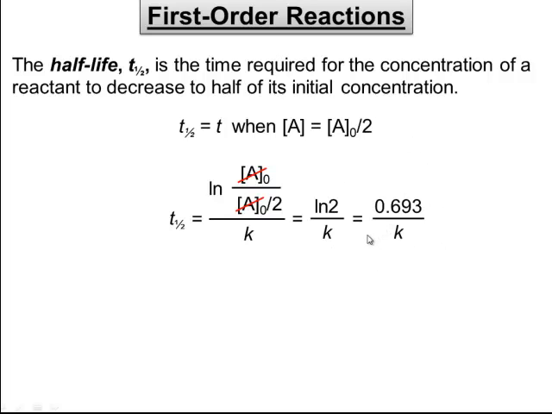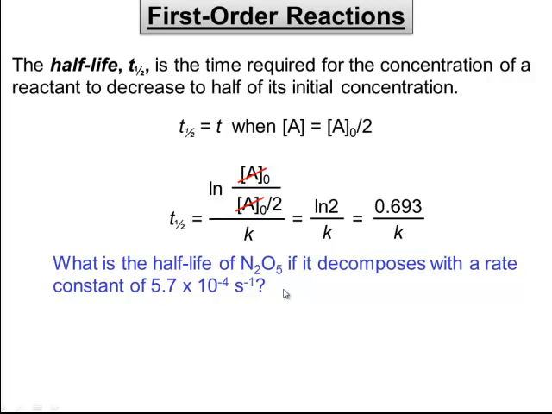So if I want to determine half-life of N2O5 during its decomposition reaction, and if I know that the rate constant is 5.7 into 10 to the power minus 4 second inverse, then I can just plug it into this formula.